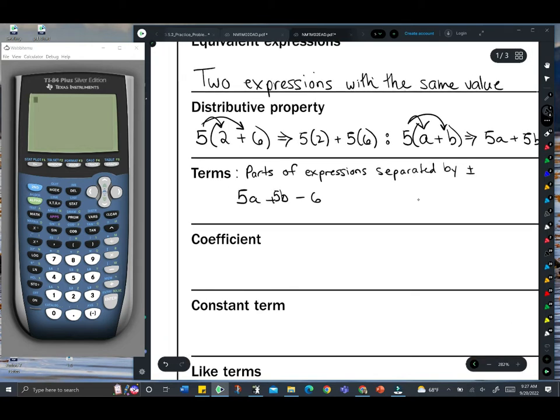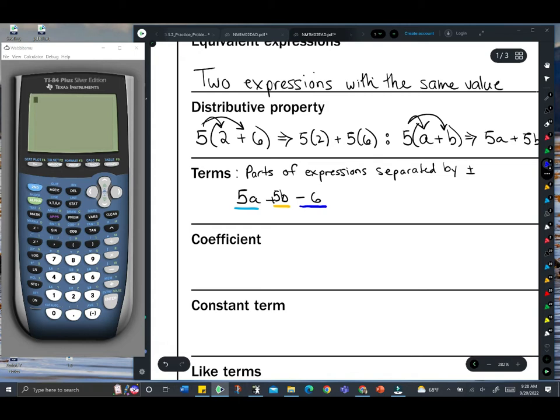So that's an expression. It has 3 different terms. This is term number 1, the 5a. We can call that the first term. 5b is another term. And negative 6 is a term as well.